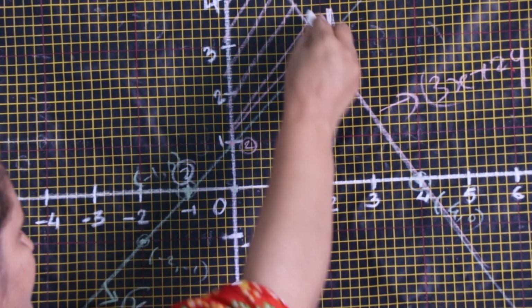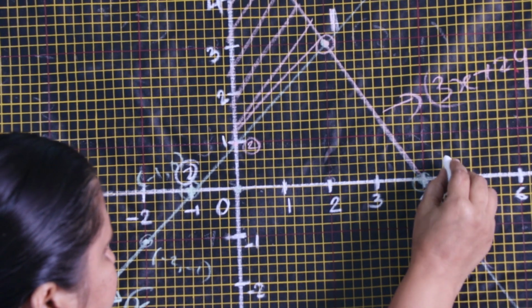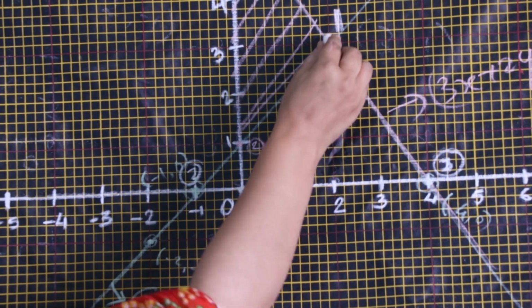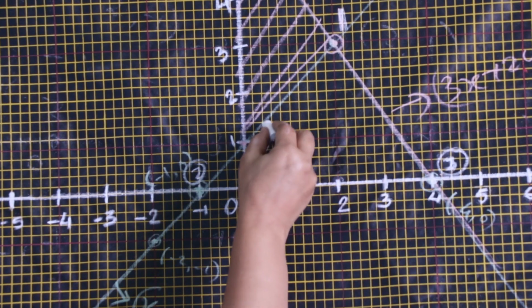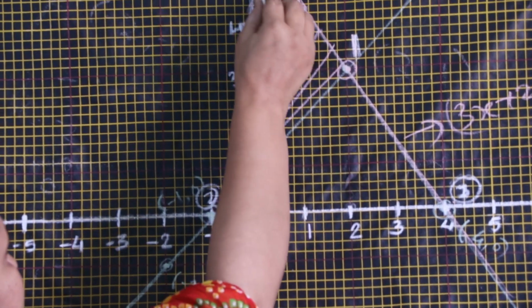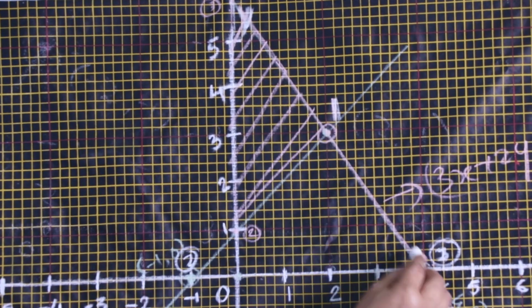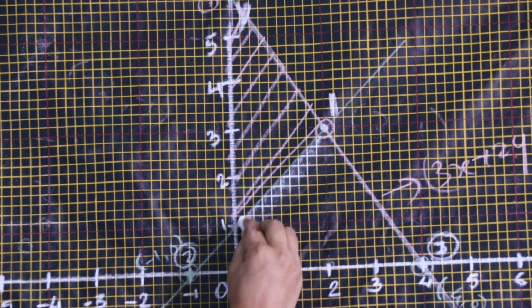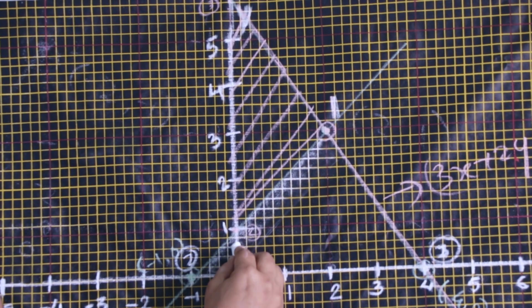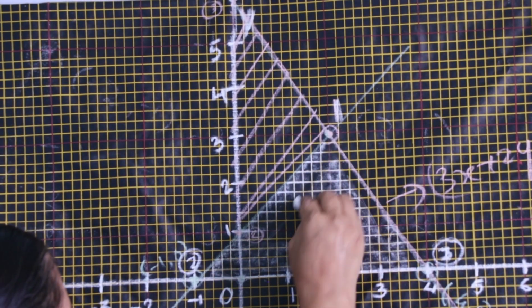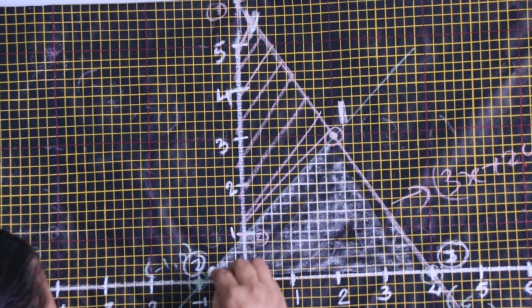Wherever this line touches x-axis again is your third vertex. 1, 2, 3. Here, this is with y-axis, this marking. Now, this is another triangle formed by these two lines with y-axis. Sometimes you will be asked to shade the triangle formed and then find the coordinates of the vertices so formed. Do you understand?